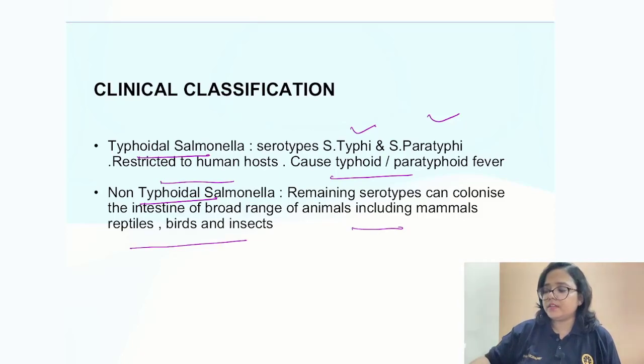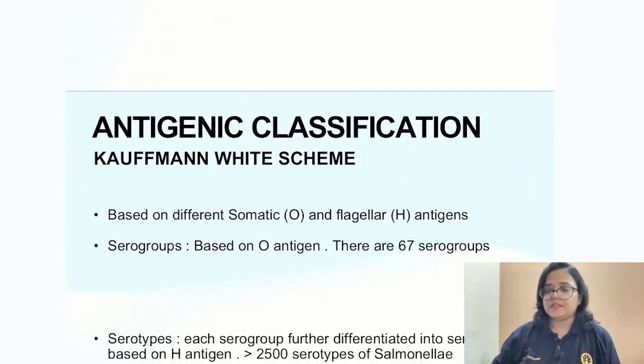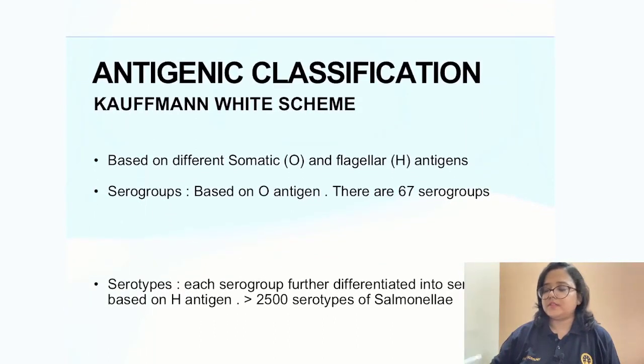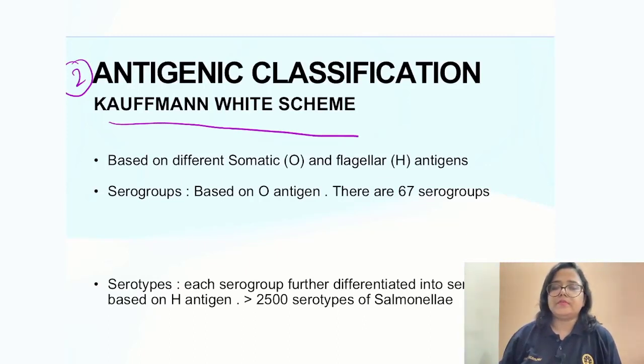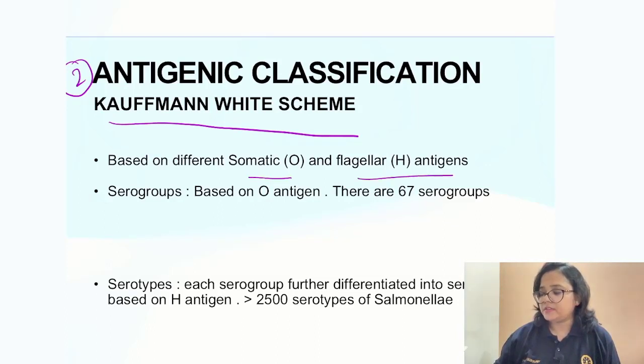After the clinical classification, we have the antigenic classification, also known as the Kauffman-White scheme. It is based on the somatic O antigen and the flagellar H antigen.